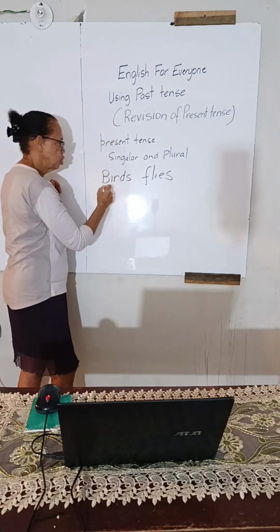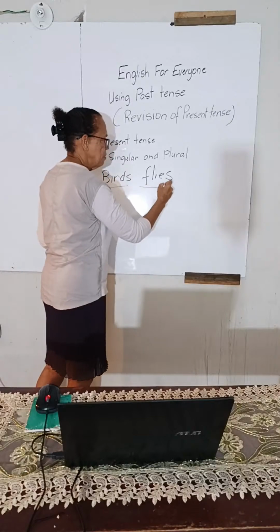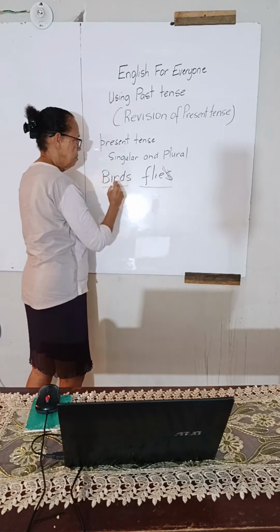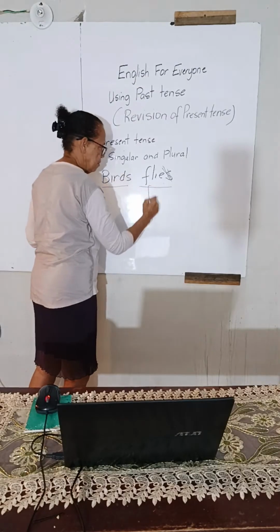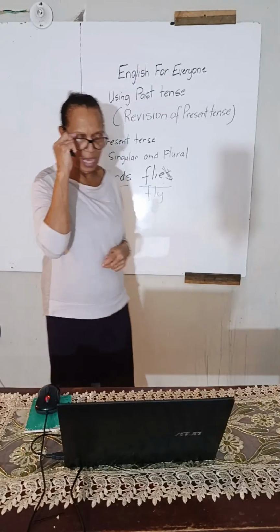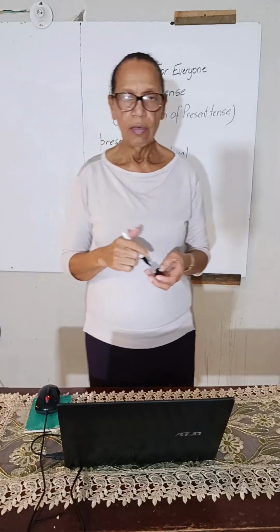If you see the subject and the verb both carrying the S, you know that this one is wrong. Birds fly. So you don't have the subject and the verb with the two S, right? Normally.